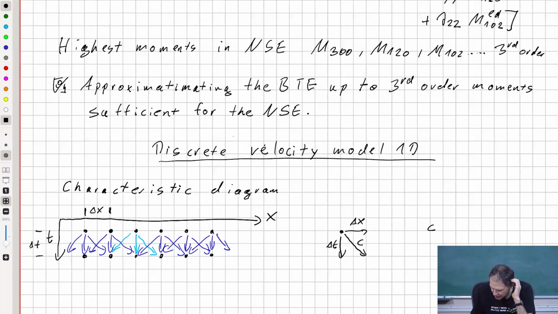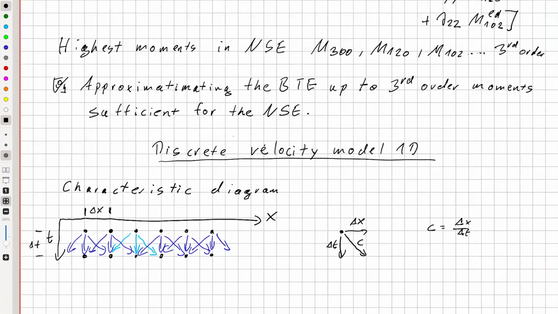So c again is delta x by delta t. I have to admit we also use c as an index, but right now we are using only one dimension, so we'll have only one index, so no collision here. We call this c the lattice velocity.